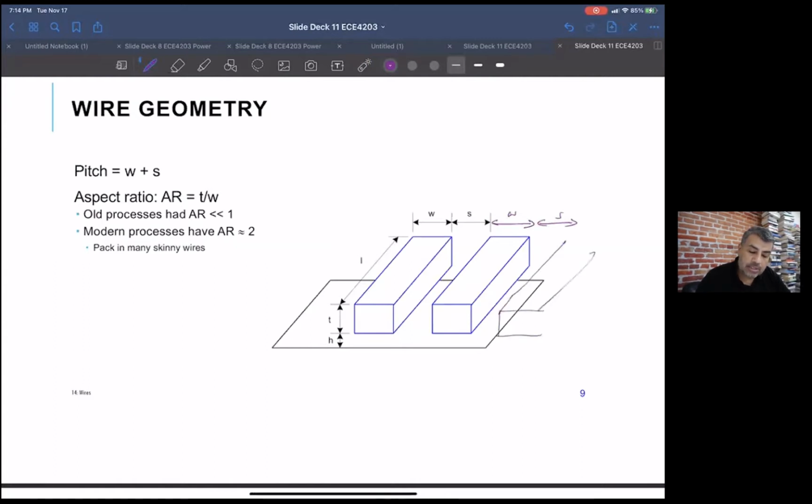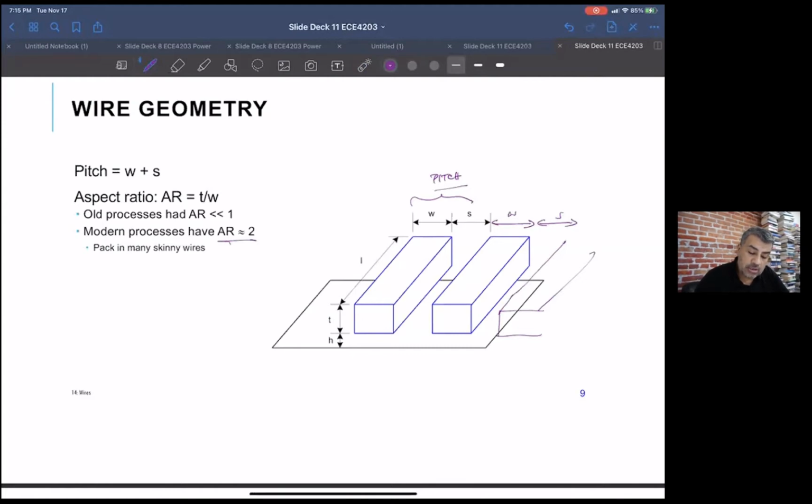So that's really the important thing, because usually, especially when you're routing things locally, interconnections locally, you're trying to go at minimum pitch or close to minimum pitch. And again, the other thing that I wanted to say here is the aspect ratio of these lines.